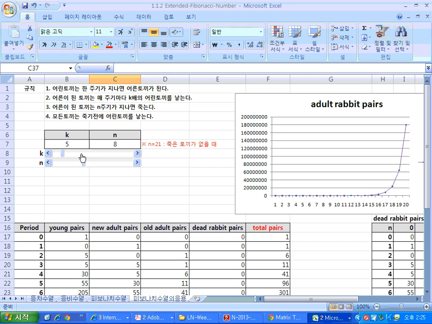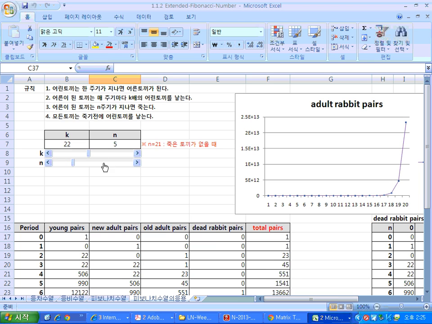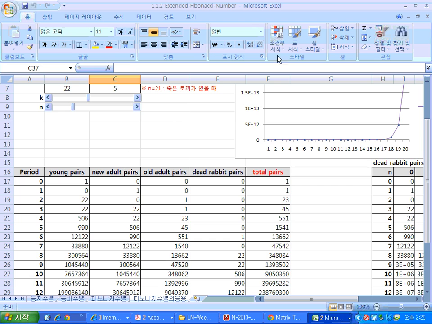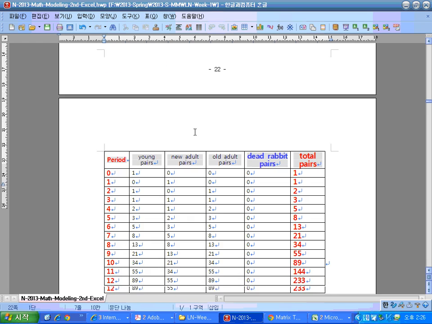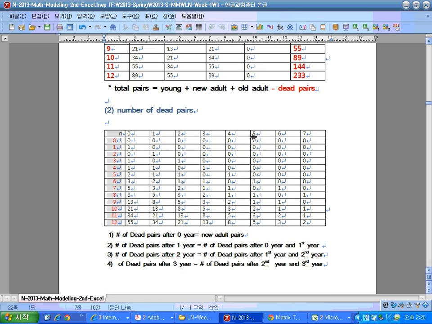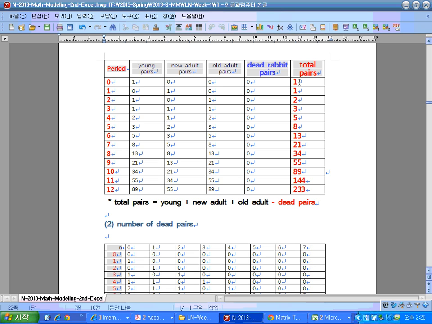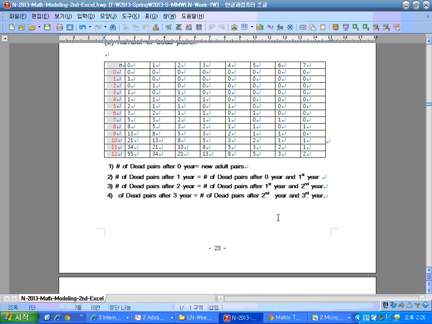Anyway, my lecture note shows how you make these scroll bars, etc. This extended Fibonacci number model shows that if the newborn pair of rabbits dies at a certain period, then the number of living rabbit pairs can be displayed in this table, so you can simulate those.